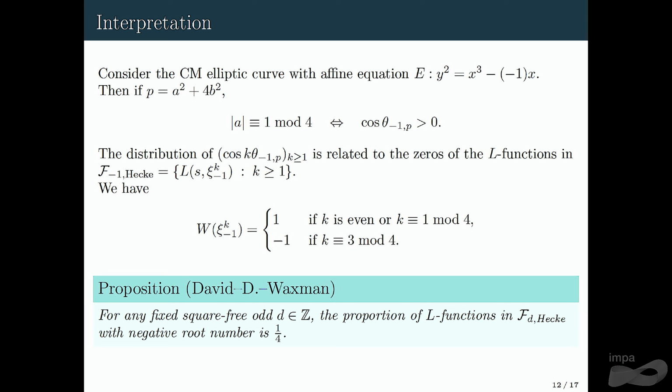So that's a question that I was asked related to Chebyshev bias, which is a completely different topic from today, but I want to make an advertisement for that. If you already heard of Chebyshev bias, you might understand what I'm saying. If not, it's just some question about distribution of primes, and I just wanted to look at whether A is 1 or 3 modulo 4.